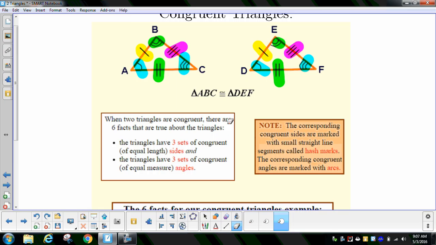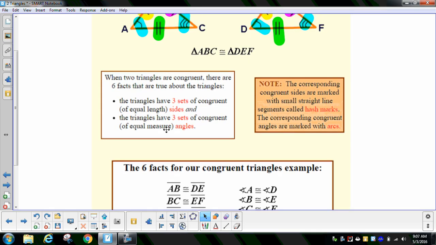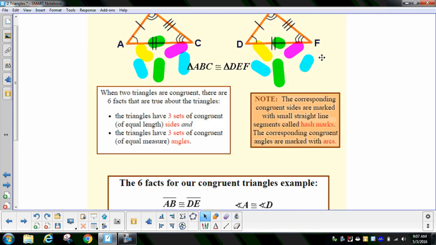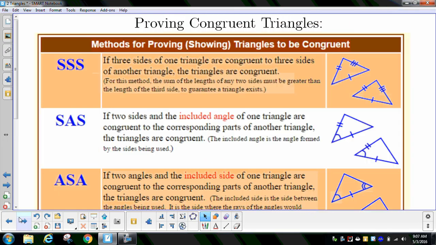So you can look at the names of the triangles and know which sides and angles should correspond. And that's just written down here. I think the big idea here is to understand these triangles and maybe this name. So maybe this portion of the page is the most important.